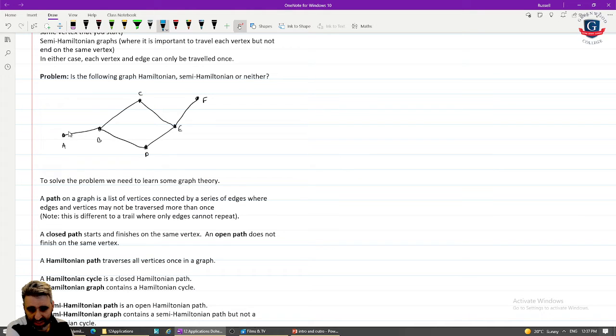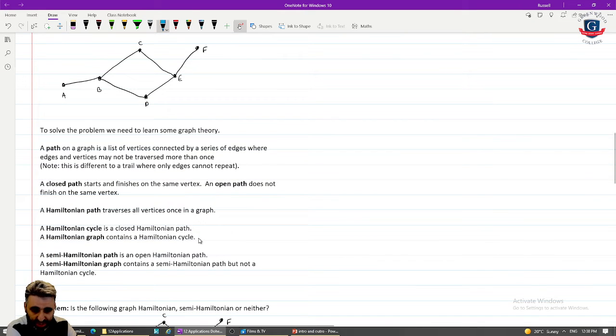So that just means it starts and ends on the same vertex, but goes to every vertex. A Hamiltonian cycle goes to every vertex, but doesn't travel any edge more than once. It doesn't have to go to every edge, but it can't go over an edge more than once.